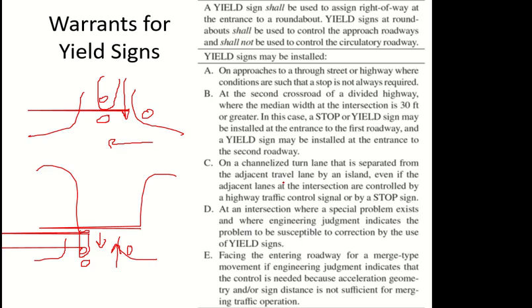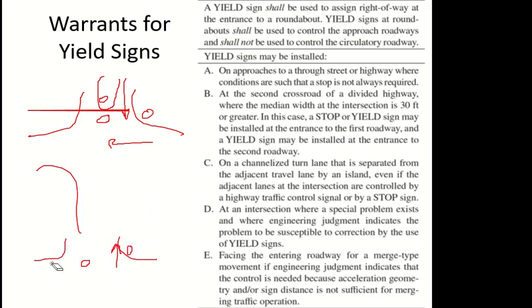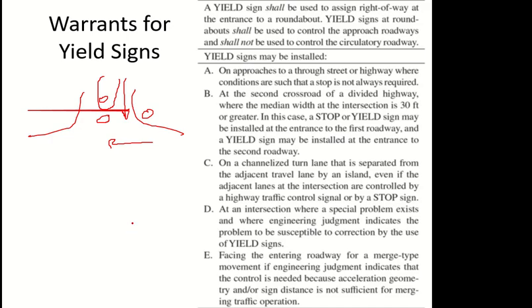Then we have a channelized turn. Okay, so let me remove this. So you have a right turn here, and for the right turn they have made a separate island.